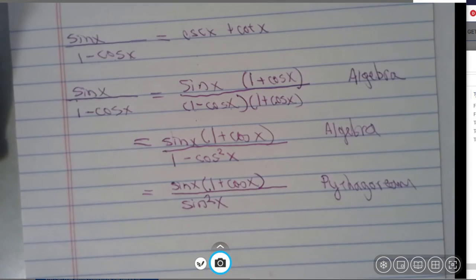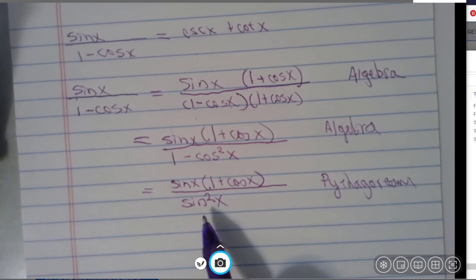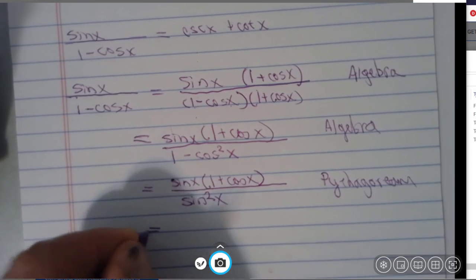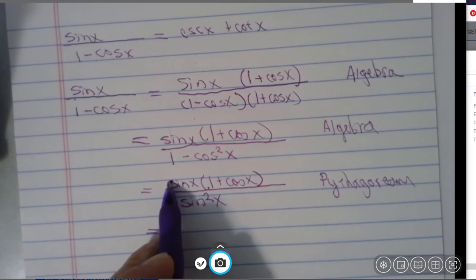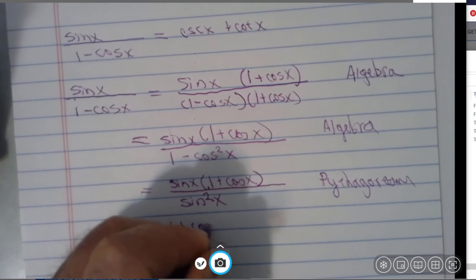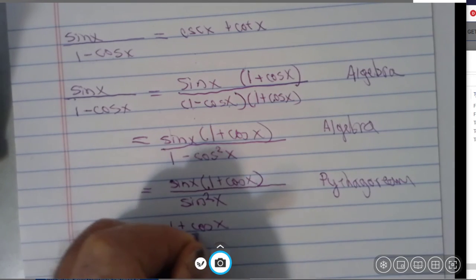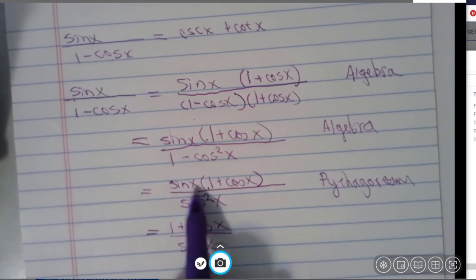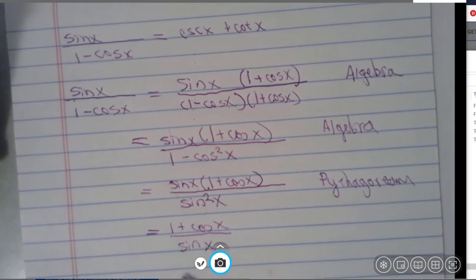Namely, we're using sine squared x plus cosine squared x is equal to 1. And then I've got one factor of sine of x in the numerator, 2 of them in the denominator. I may as well cancel one of those factors out. So that becomes a 1, and that becomes just sine of x by itself.